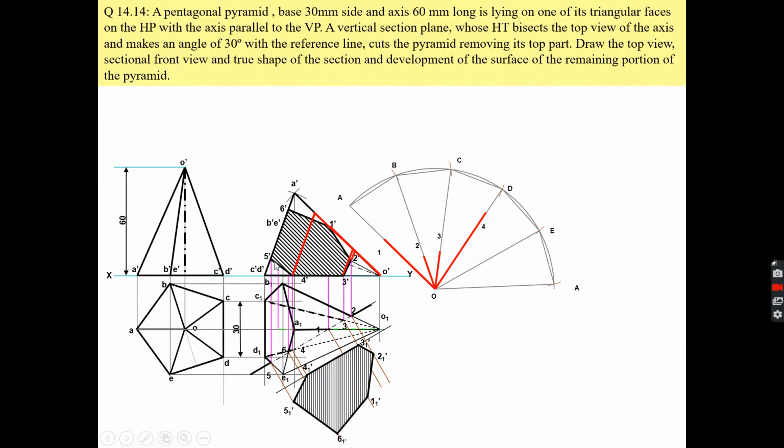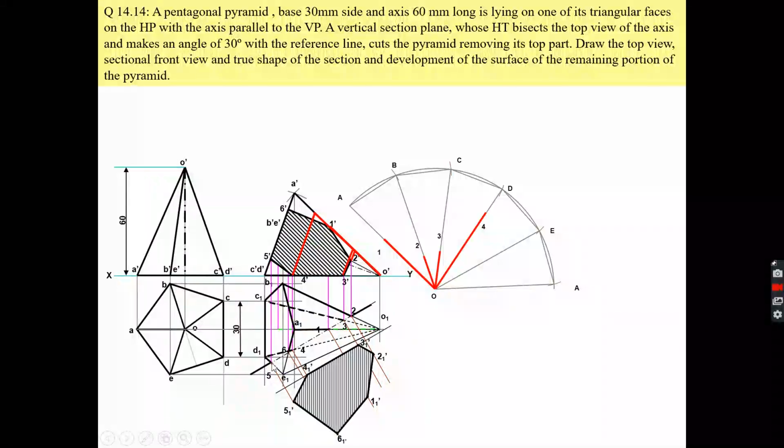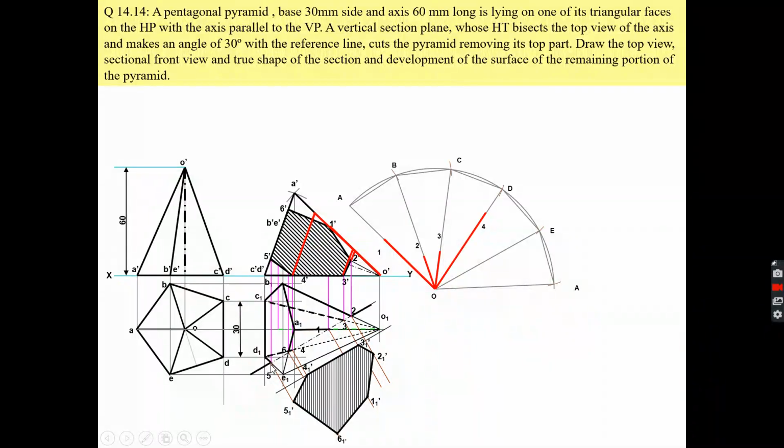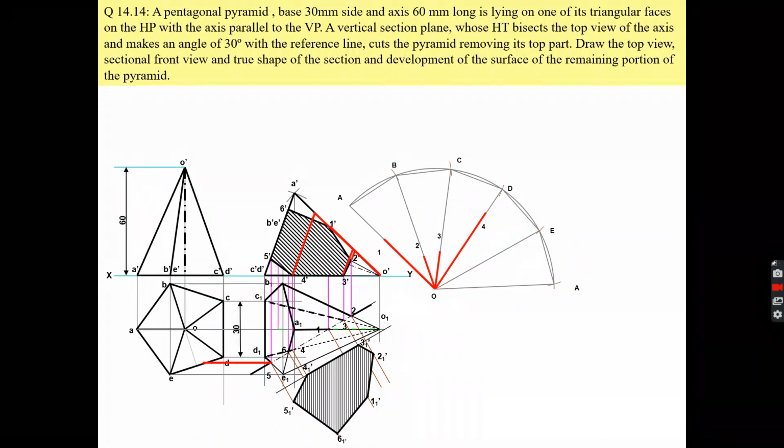So how will you transfer it? You can see your point 5 is here, so you can draw the projector in the opposite direction to mark the point 5 on the base side ED.